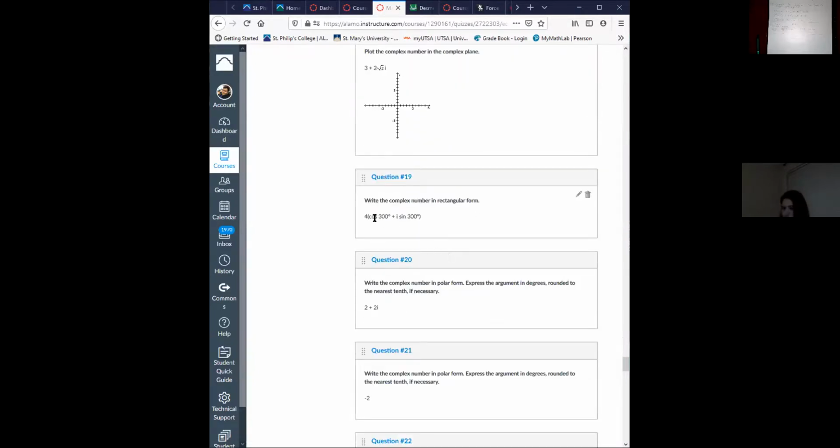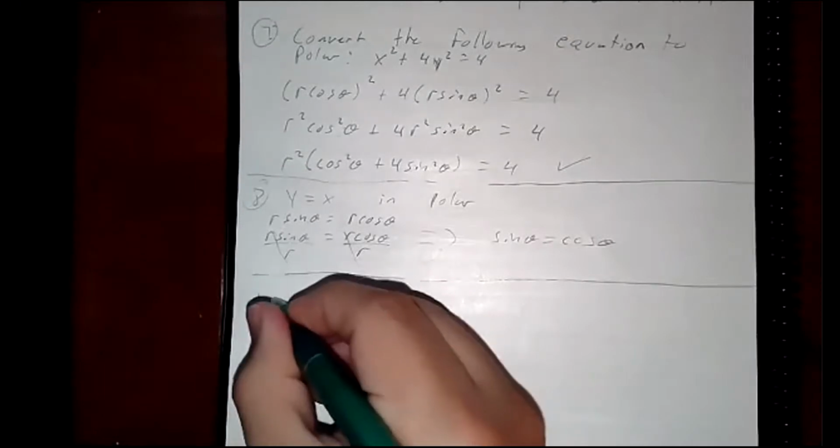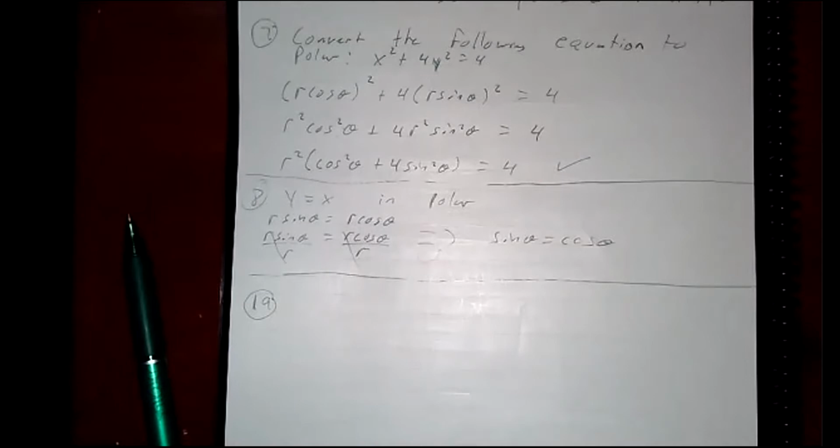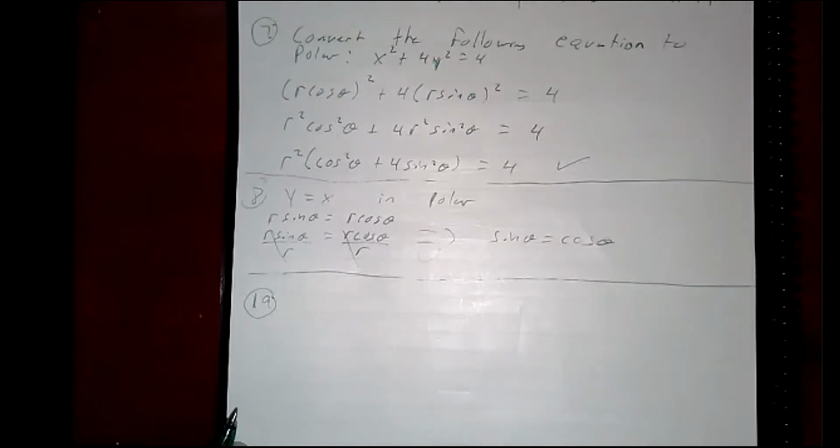This one, we just need to plug it in. Let's do 19. So they want to write the complex number in rectangular form. All you can really do is find out what cosine 300 is and multiply by 4.